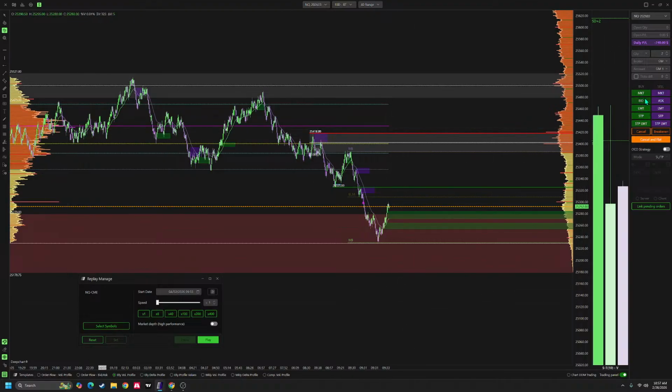So that being said, we're going to go 2 contracts, put a limit order in right here. Obviously in real time, you have to do this super fast. Put stop loss behind the zone. Technically, I can probably put it right here. That's $1,700 of risk.